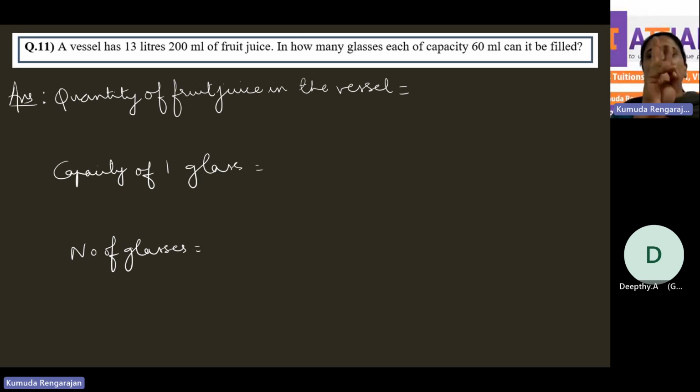Now, how much is 2 liters in milliliters? 2000 milliliters. So you have 2000 milliliters of juice and glasses of 200 ml. How many glasses will be required to fill all the juice into it?